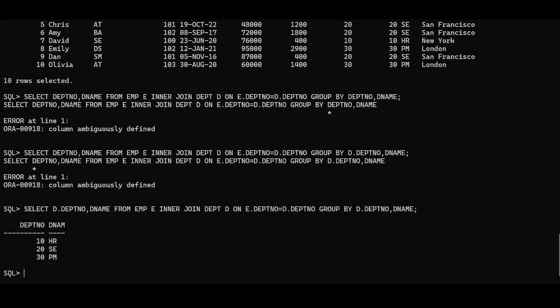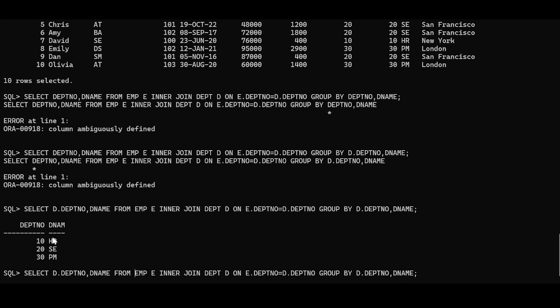Ambiguous means confused. Now, what did you get? Department number 10, department number 20, department number 30. Data is segregated, and you are getting the equivalent department name. What is my question? My question is to find the sum of salaries. So I will just use a grouping, and after these two columns I will use a function.